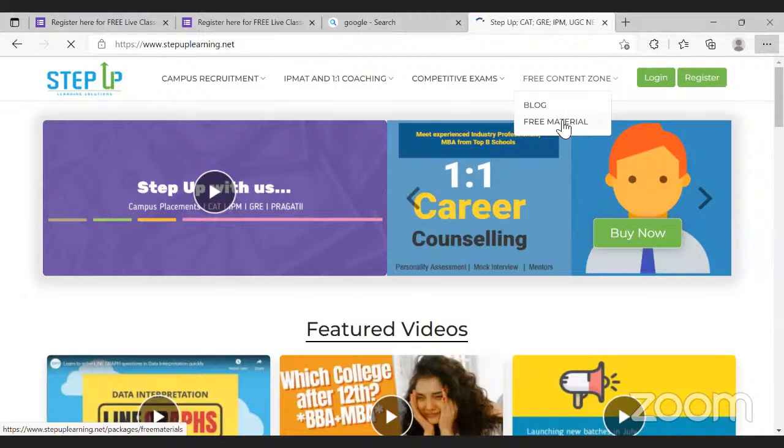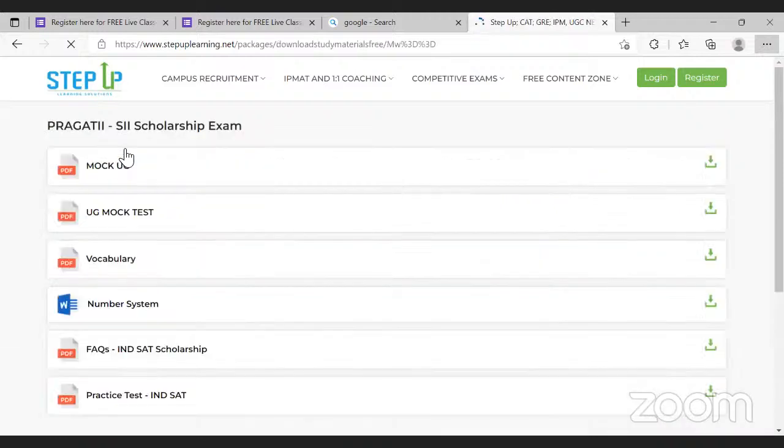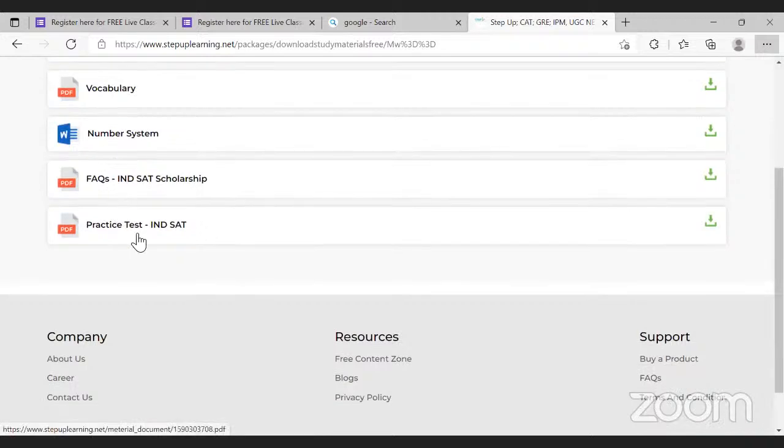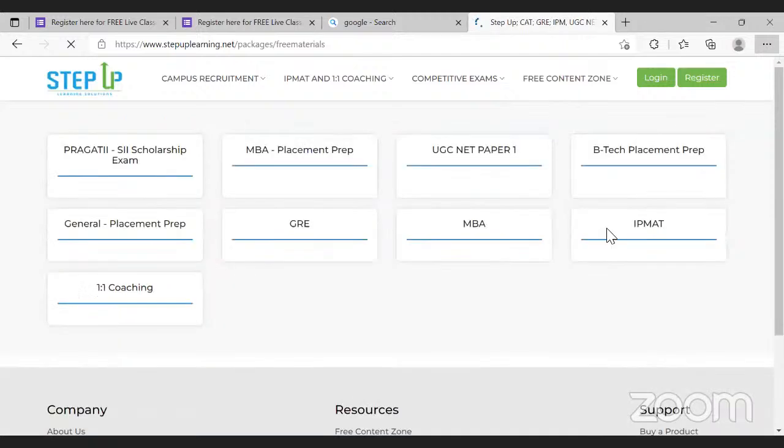The first one is the SII Scholarship Exam. See mock test, number system, practice paper. You will find everything over here. Also, you can check free material.